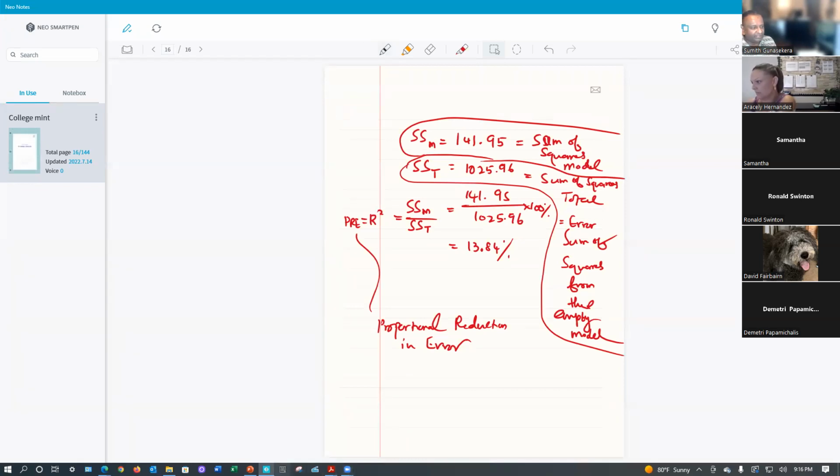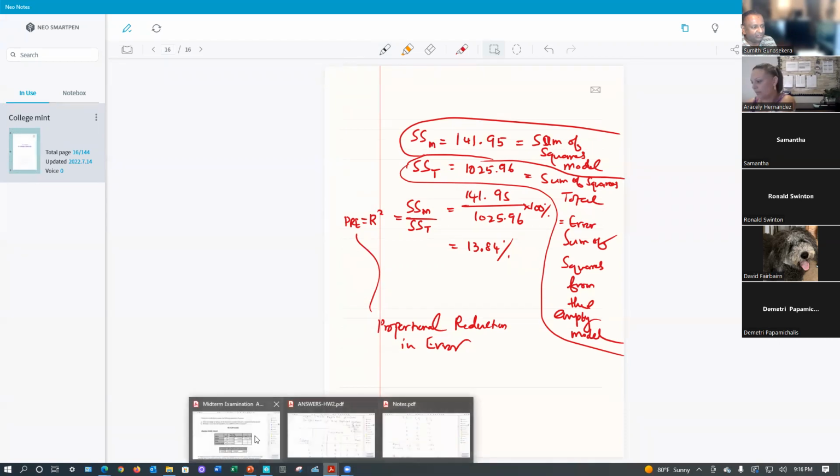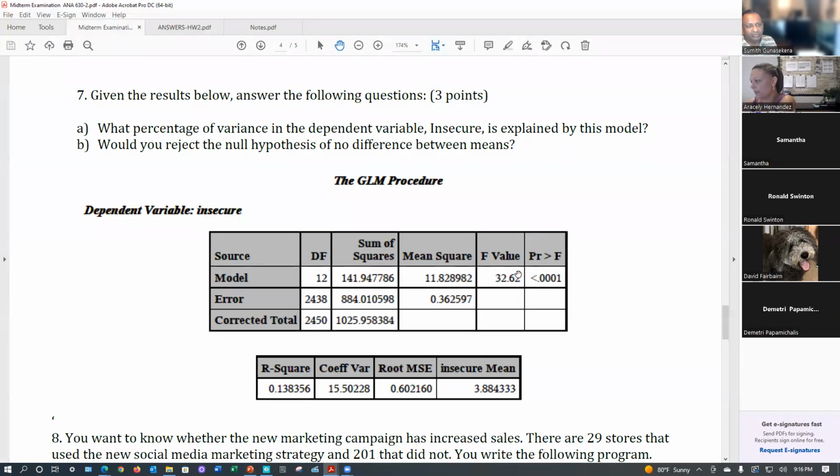Yes, because by simply looking at the p-value. The p-value is approximately 0, or less than 0.05. The null hypothesis means there's no difference between the means, all the means are the same, versus its counterpart: at least two means are not the same. You know how to write this. Would you reject the null hypothesis of no difference between means versus its counterpart, that at least two means are different?